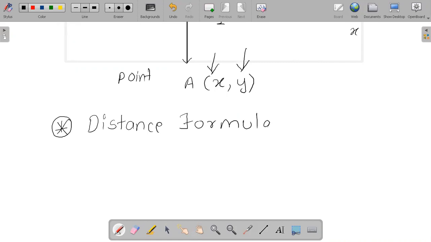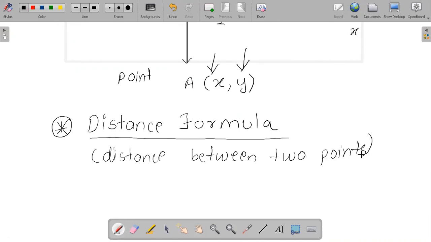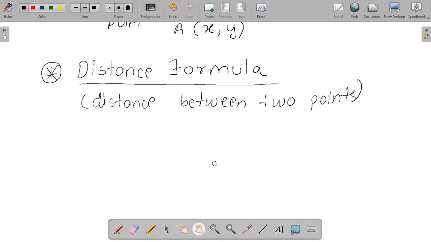That means this formula is used to calculate the distance between 2 points. Is the general idea clear? I'll explain the formula next. The distance formula calculates the distance between 2 points.